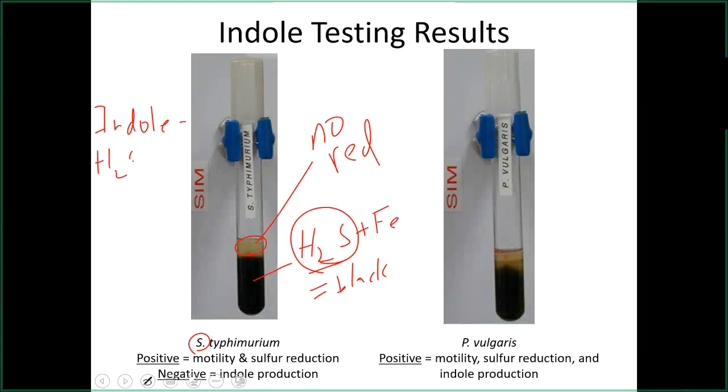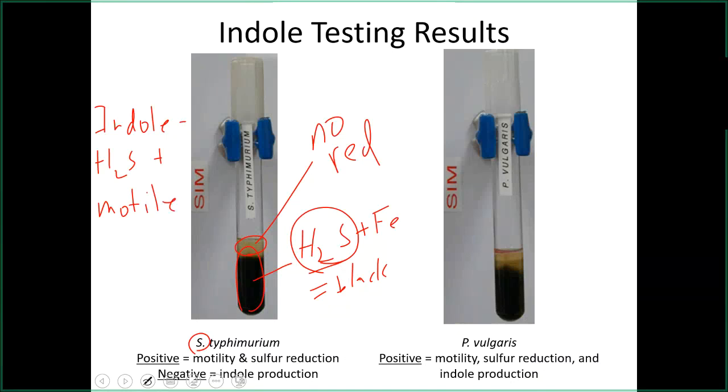It's H2S positive. It reduces sulfur. And because you see the black color throughout down here, spread all the way through, we can deduce that it's probably motile, right? So indole negative, H2S positive, and it is motile.